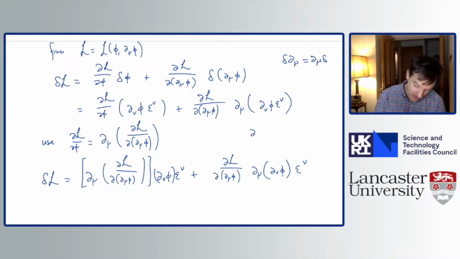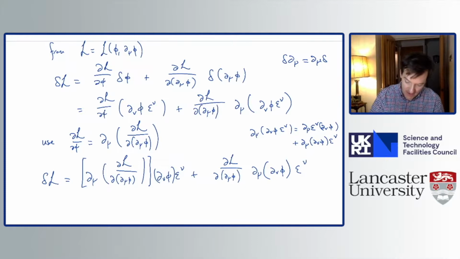Use that, the differentiation of this term. So using my rules of differentiation, I get the following, and because d mu epsilon is going to be 0, this is a constant shift, that term overall will vanish.